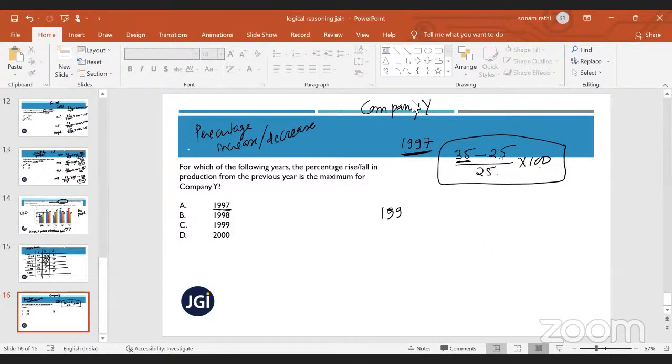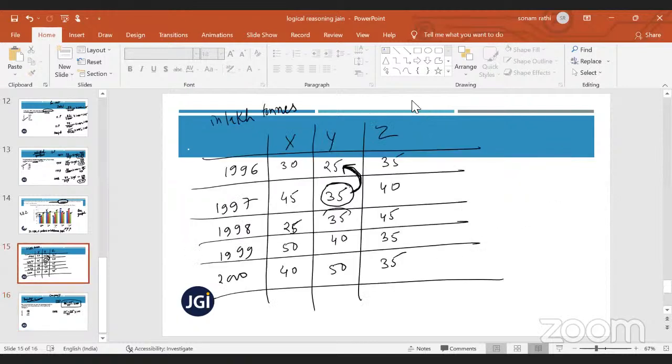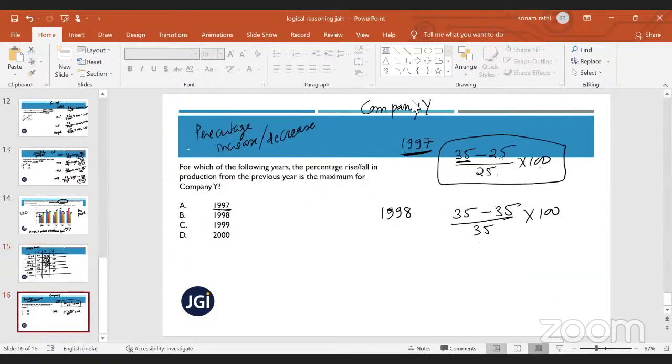For 1998, 35 minus 35 upon 35 into 100. Why have I done this? For 1998 it was 35, and the previous year is also 35, so comparing with 35: 35 minus 35 upon 35 into 100.